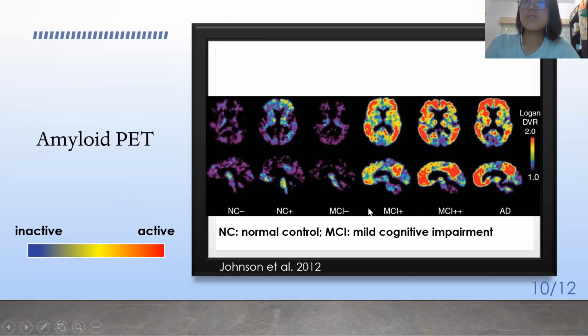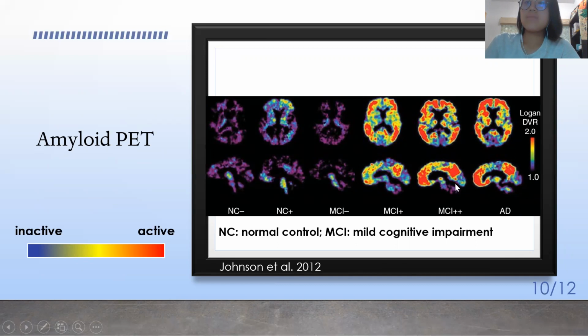There are 3 different groups of patients in this picture. The first one is normal control. The second is mild cognitive impairment. And the last one is Alzheimer's patient. We see that in normal control, there is barely any signal from amyloid deposition.